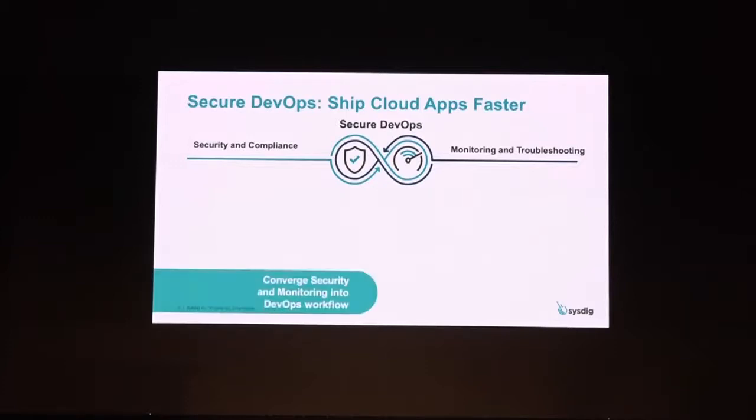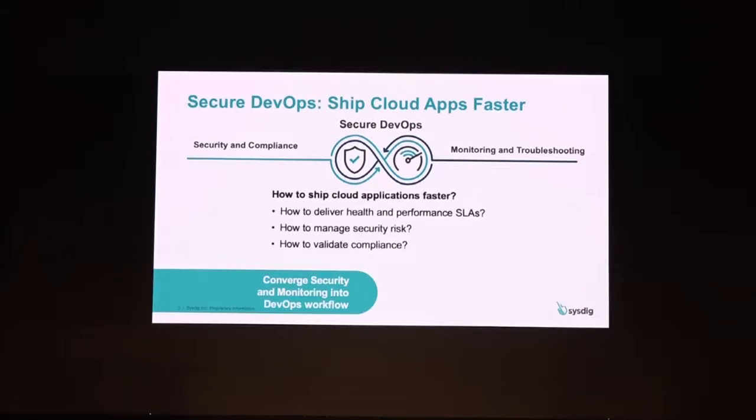But as they deploy business-critical applications and scale up their Kubernetes deployment, their cloud and DevOps teams are taking on responsibility for some of the security functions. Basically, our customers are seeing a convergence of security and monitoring into the DevOps workflow.